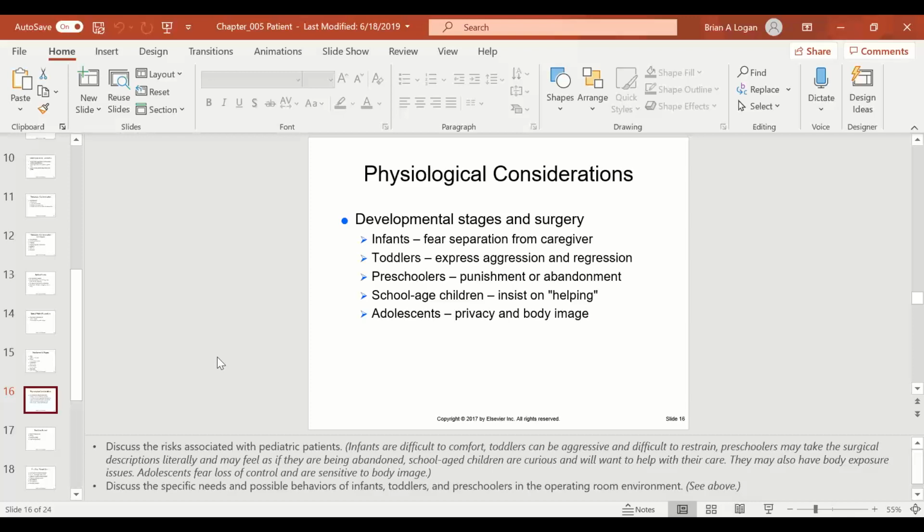Your school age kids, these are your 6 to 12-year-olds, they want to help. They want to do stuff, right? They see you put an IV in their arm, so knowing this, you engage them.